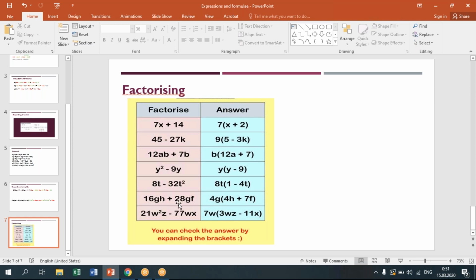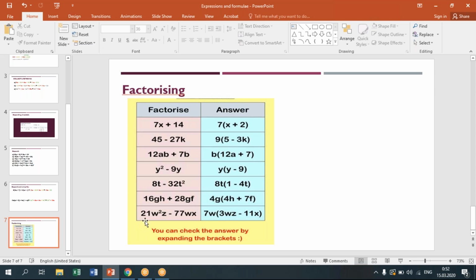The same thing about positive 28gf. Positive 28 divided by 4 will be positive 7. g before the bracket, so only f in the bracket. 4g times 4h. 4 times 4 is 16, and gh we will write here. The same answer. 4g times 7f will be 28gf. So we did it correctly.